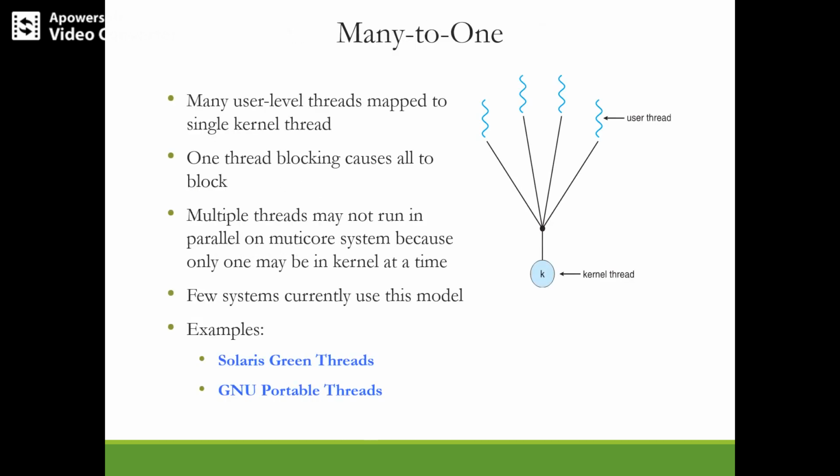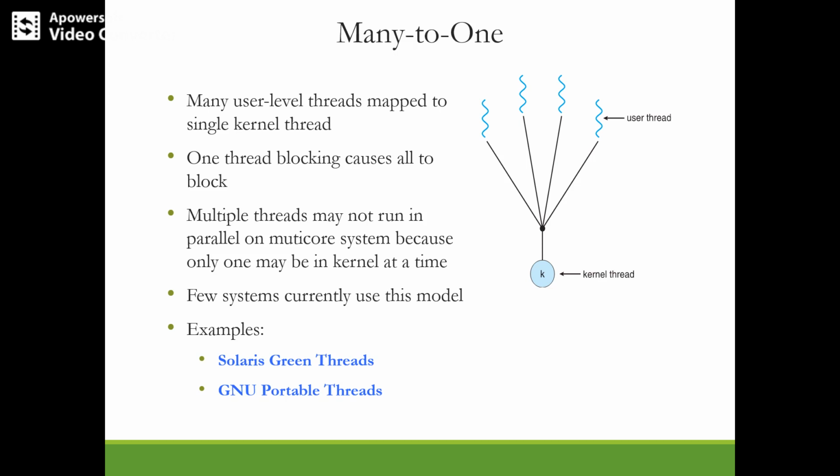So let's see about the many to one kind of multi-threading model. Many to one mapping means many user threads are mapped to a single kernel thread, as you can see in the picture.